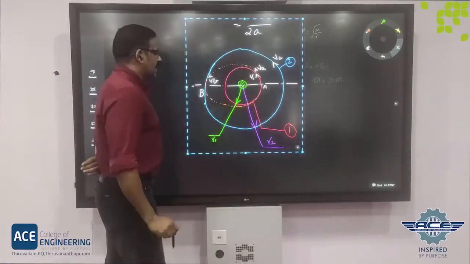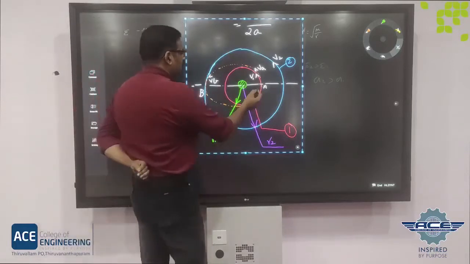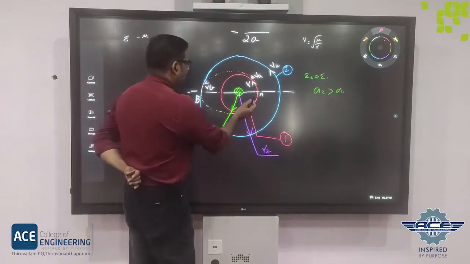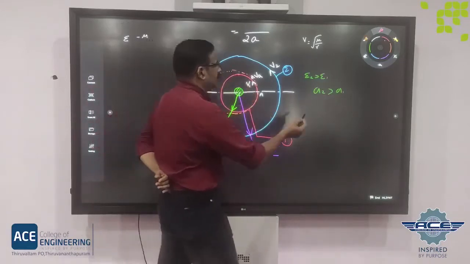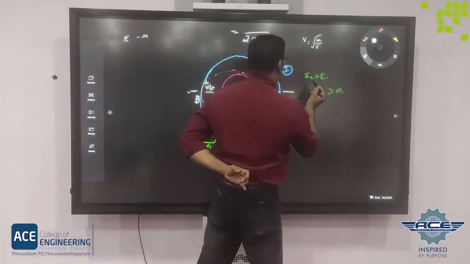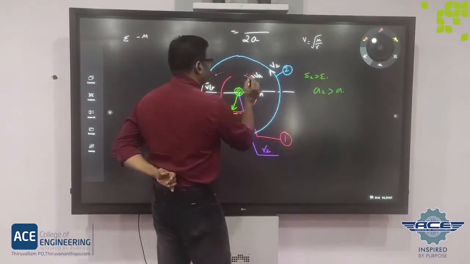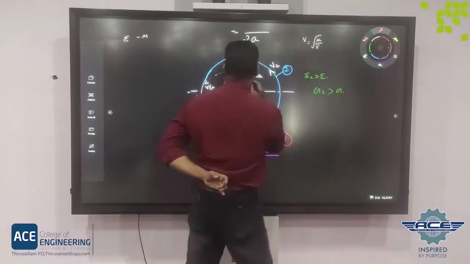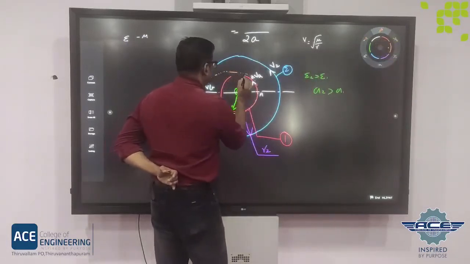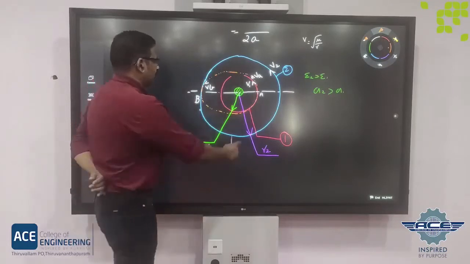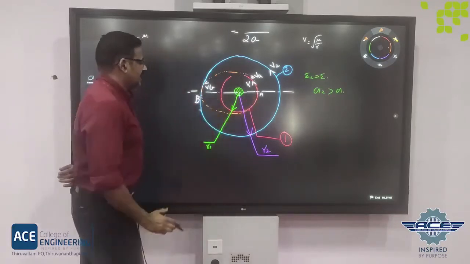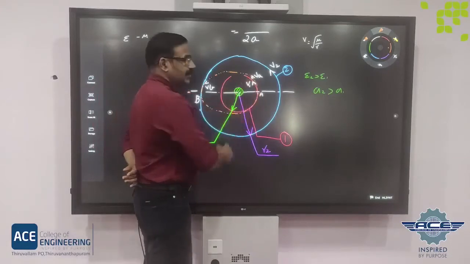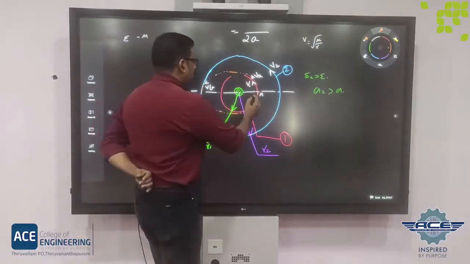From the perihelion of this Hohmann transfer, we have to choose a Hohmann transfer ellipse, which is drawn with this orange colored line, and this is the perihelion position. This is the apogee position.